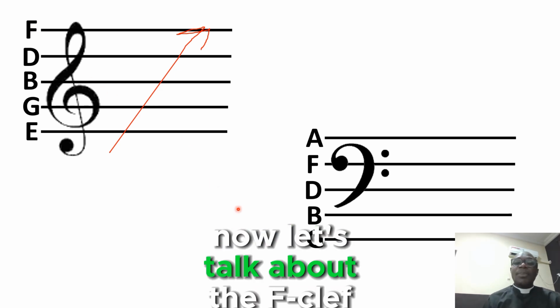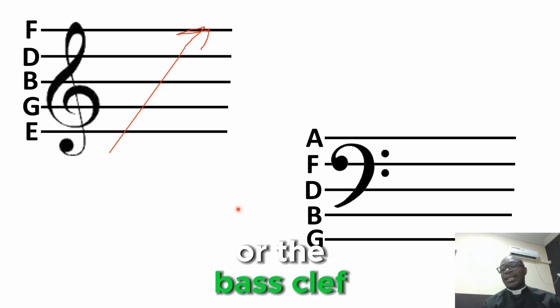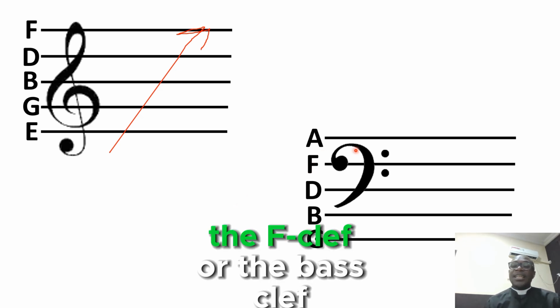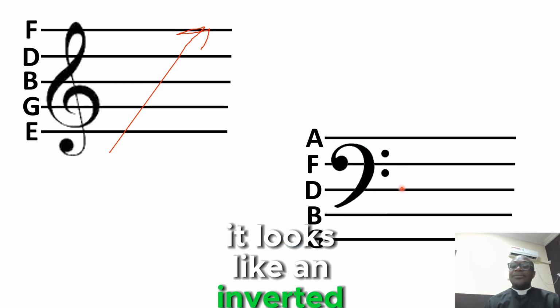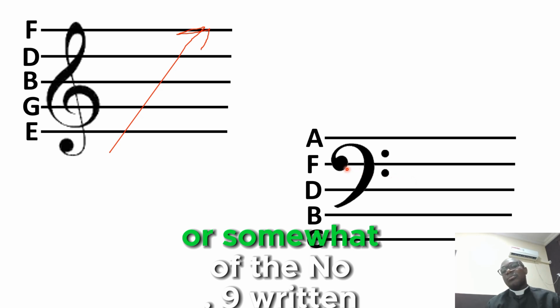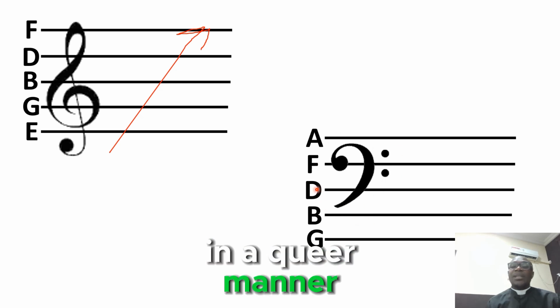Okay, now let's talk about the F-clef or the bass clef. If you call it bass, I'm okay with that. It looks like an inverted letter C with a hook, or somewhat of the number 9 written in a choir manner.